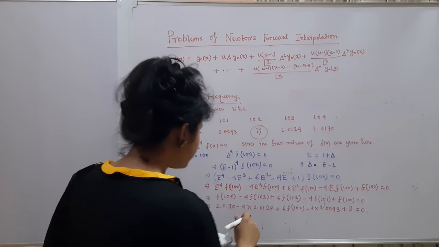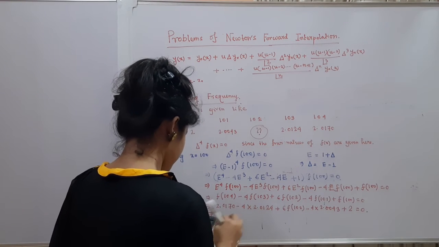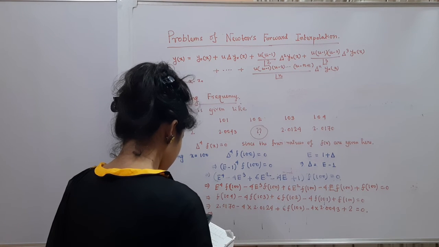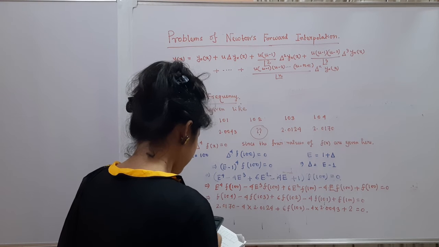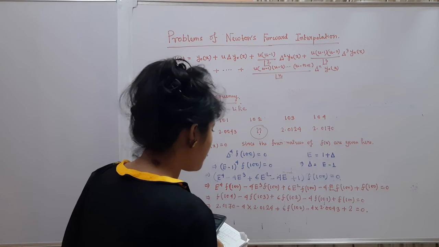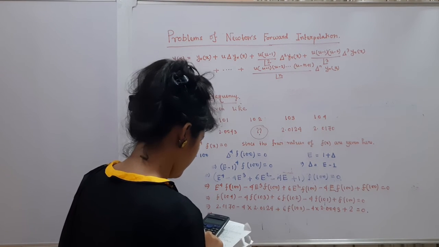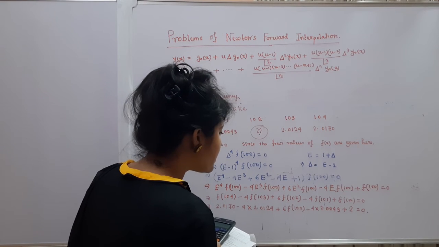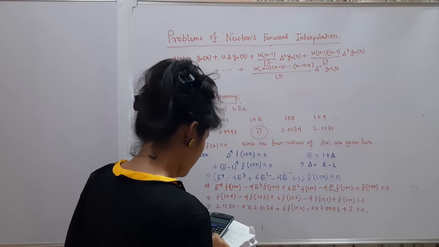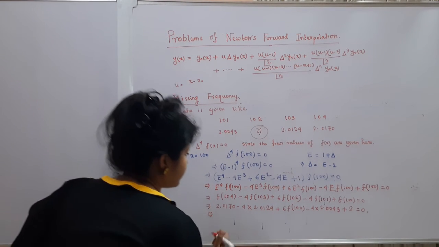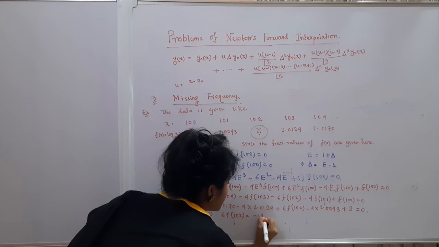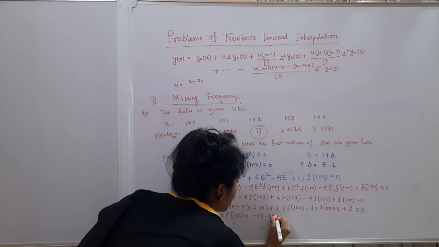So therefore this is 2.0170 minus 4 into 2.0124 minus 4 into 2.0043 plus 2. Okay, that is 6 f of 102 is minus 12.0498.